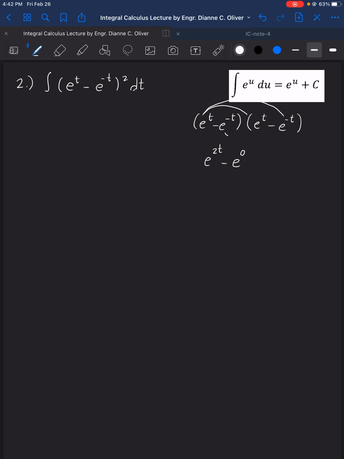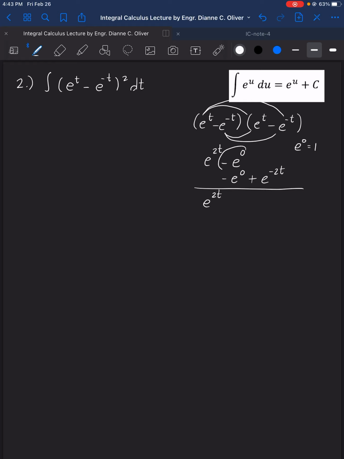How about negative e raised to negative t times e raised to t? That becomes negative e raised to 0 also. Then negative e raised to negative t multiplied with negative e raised to negative t becomes positive e raised to negative 2t. Note that e raised to 0 is equal to 1.